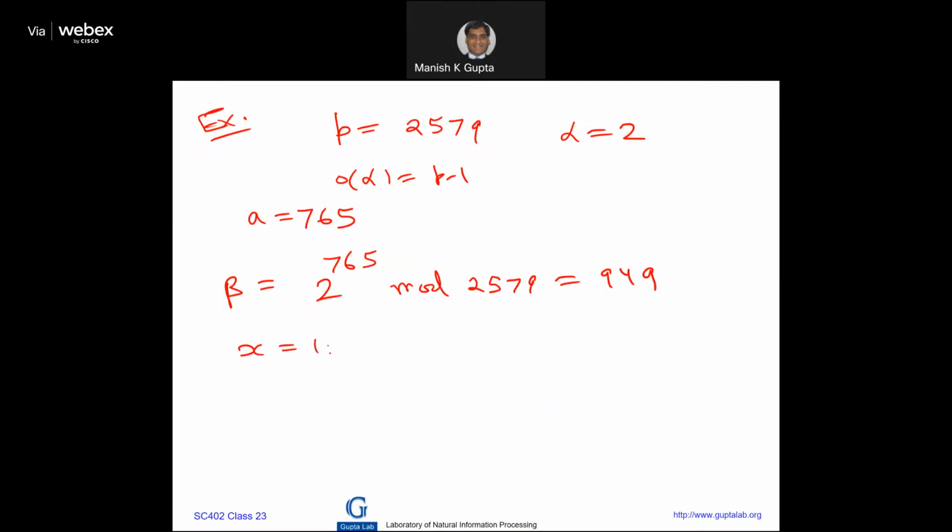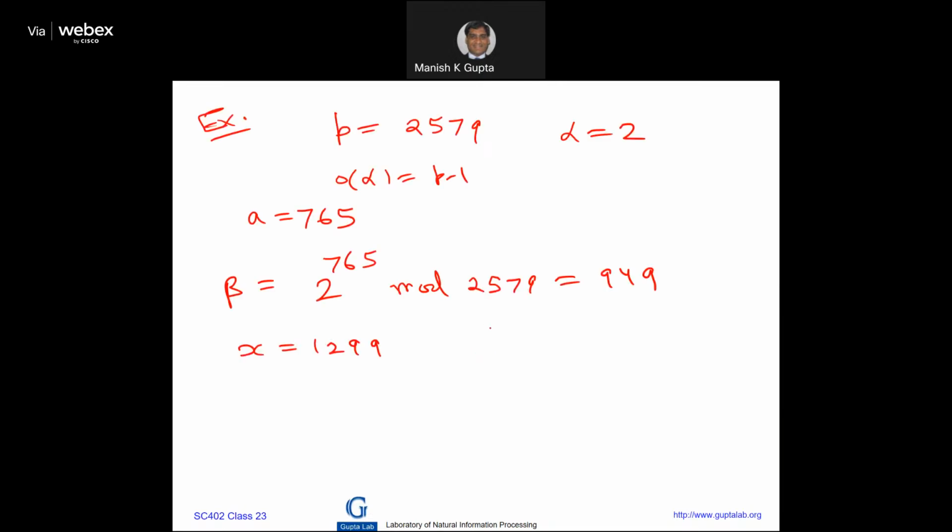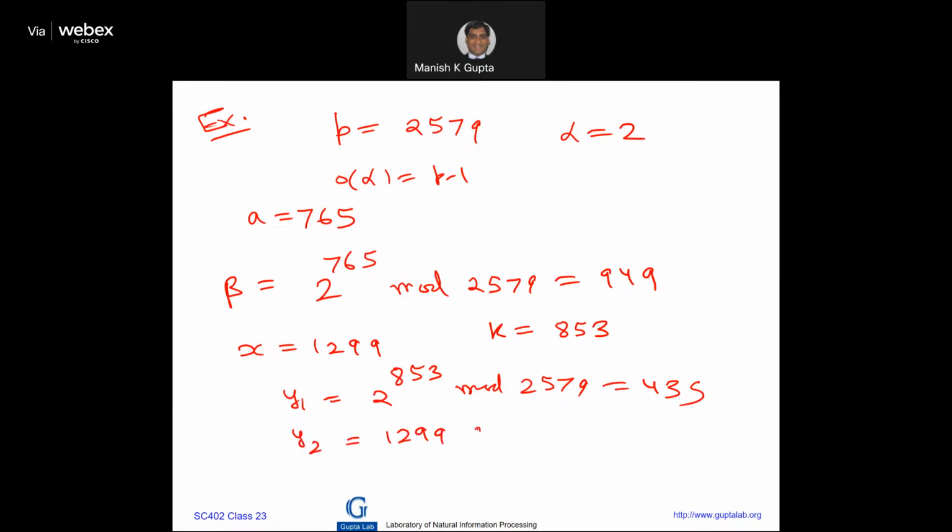Suppose x is 1299, and k is randomly chosen to be 853. So y1 is 2 raised to power 853 mod 2579, which turns out to be 435, and y2 is 1299 times 949 raised to power 853 mod 2579, which is 2396. All calculations you can do.